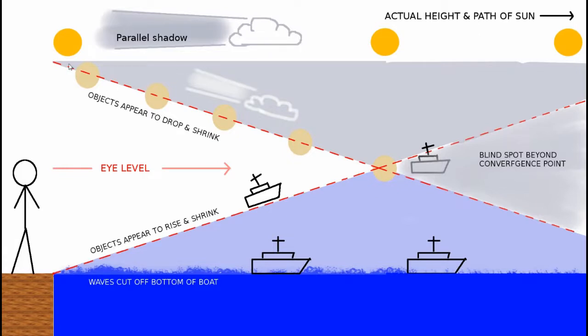And down here what we have is this line which represents the perspective of our vision, how our eyes actually interpret this whole scene here.